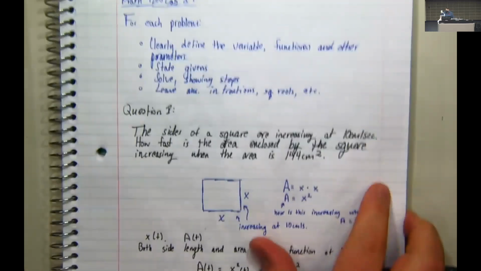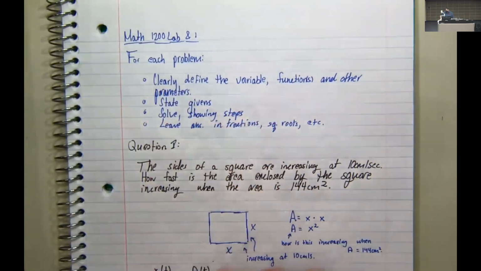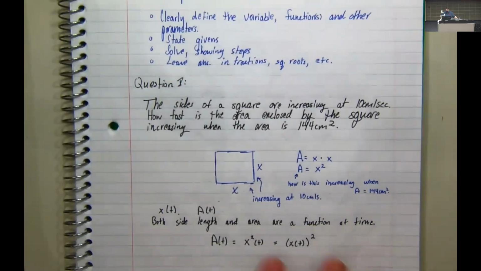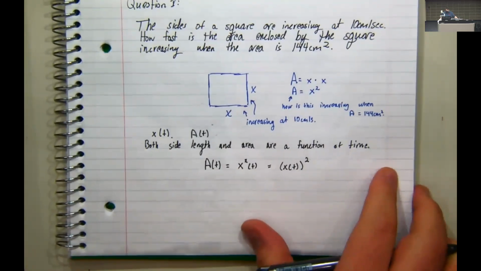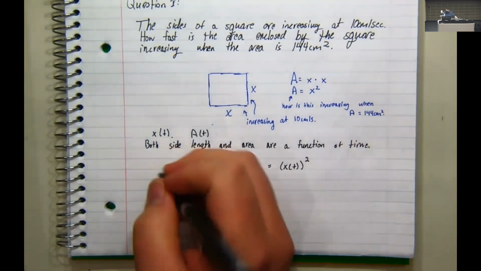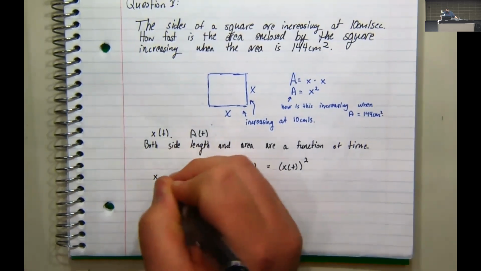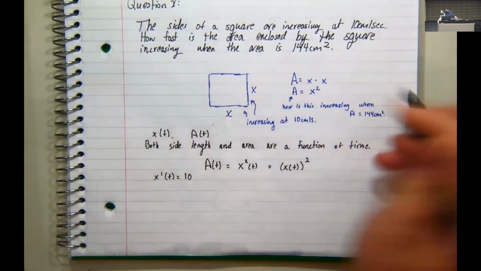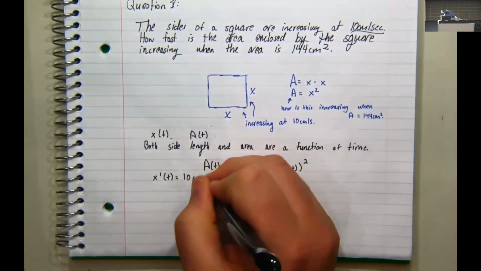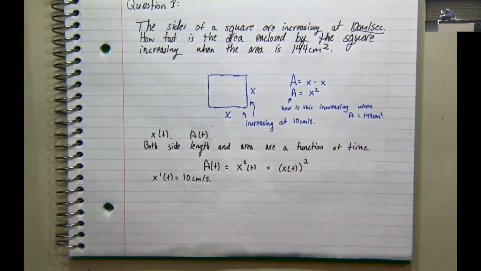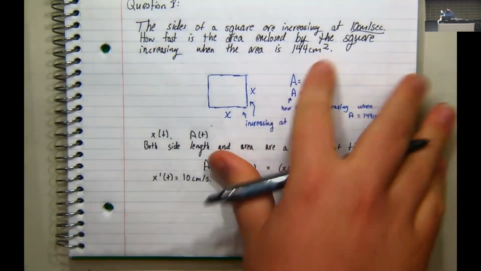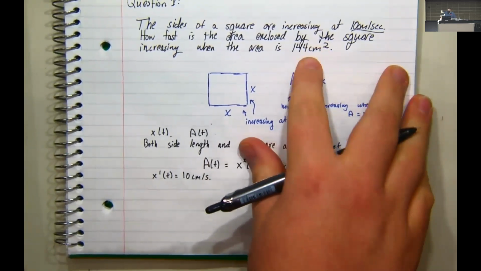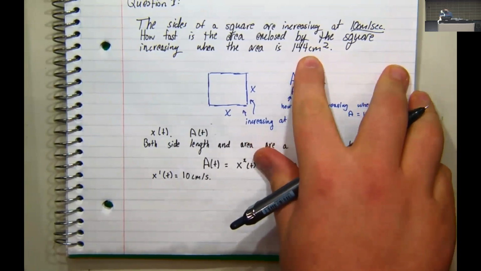So just to make sure we've done the stuff that he asked: properly, clearly define the variable functions and other parameters, state the givens. So we know that our other givens are that x prime at t is equal to 10 centimeters per second. And we also are looking for the change in area when it is equal to 144 centimeters squared.